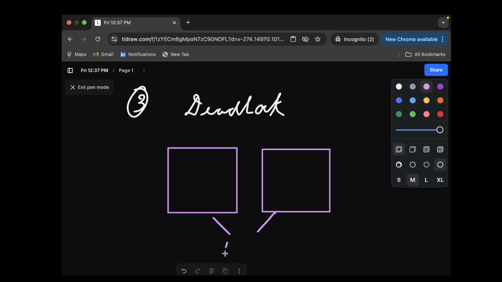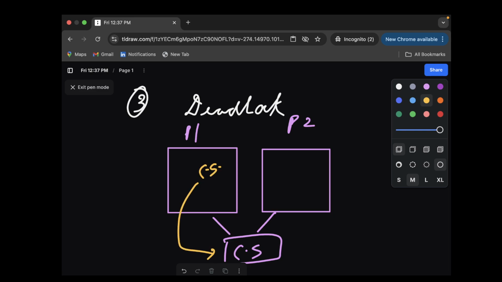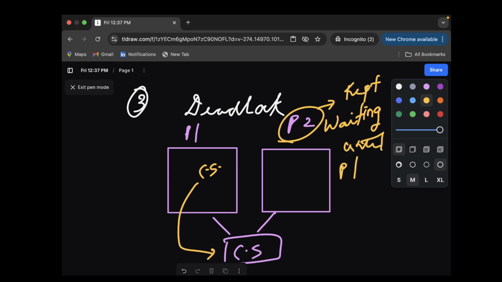These are two processes, P1 and P2, right? So deadlock should be avoided. Deadlock, by meaning, is: suppose P1 takes the critical section and does not release it. So P2 is kept waiting until P1 releases the lock. So we shouldn't be having this as well, right?